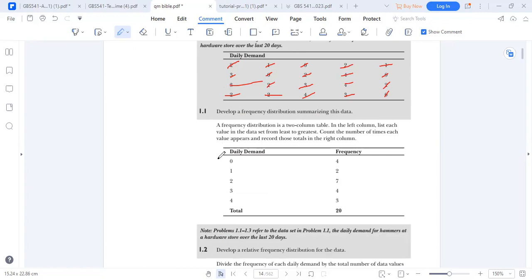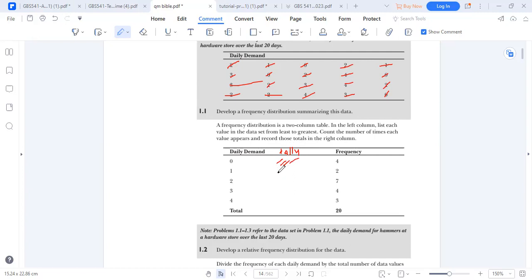This is called our frequency distribution. If you want, you can use a tally as well. The zeros are 4: 1, 2, 3, 4.